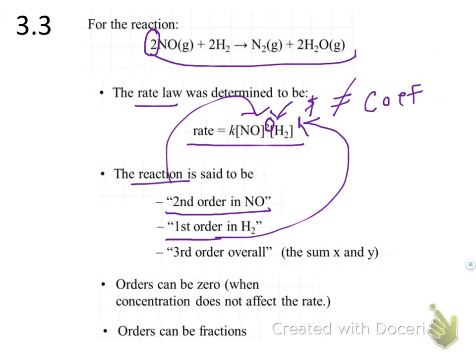And then if we add all of the exponents in the rate expression, we get the overall order. So in this case, it would be 2 plus 1, or third order overall.